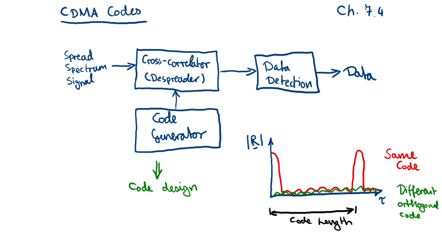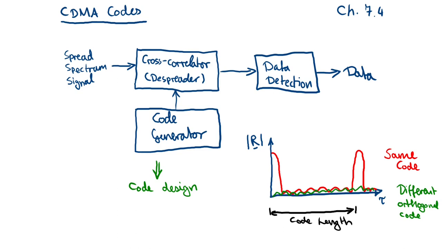So here's the maximum for the cross-correlation, and after one code length the next symbol comes, and then you have a maximum again. But for a different orthogonal code which a different user uses, you get almost no correlation.